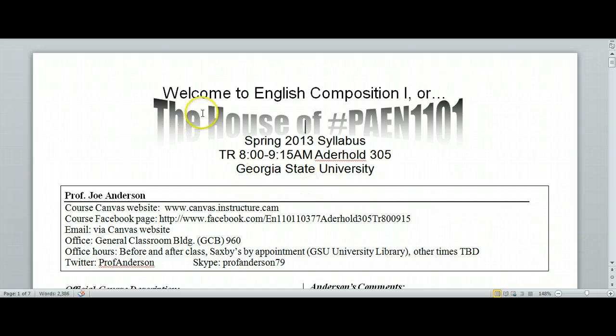Now, I've been using Twitter over the last few years, and one of the things that I generally use, the handle, is @PAEN and then the number of the course.